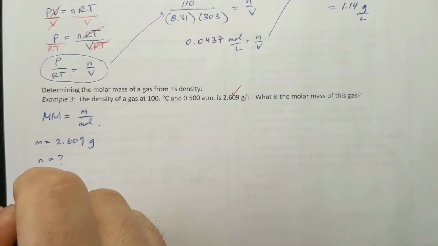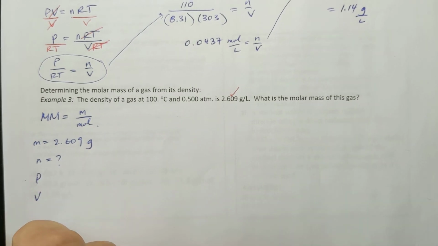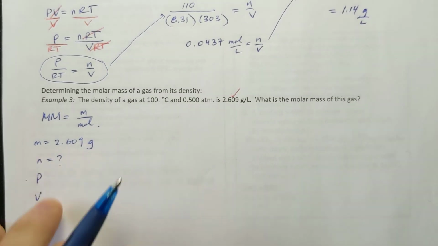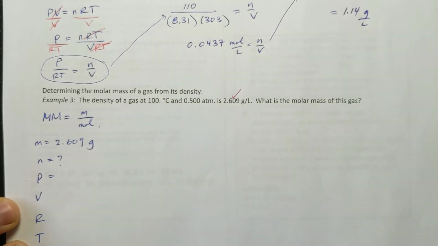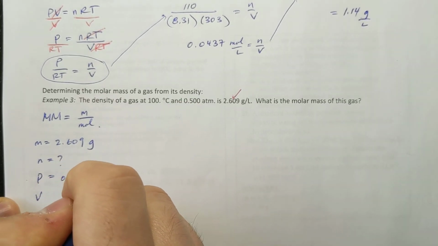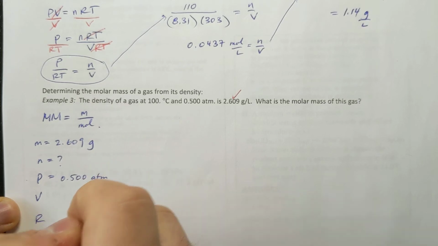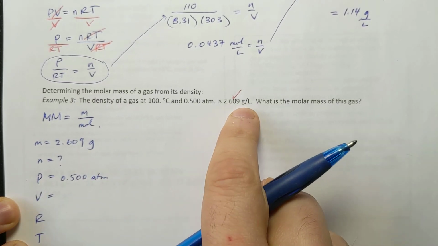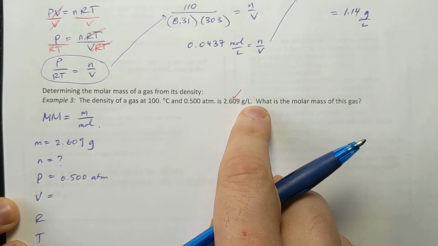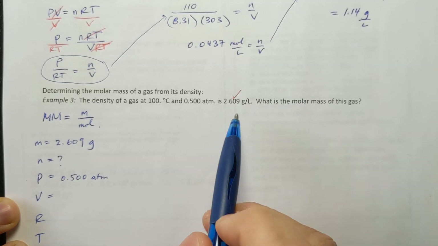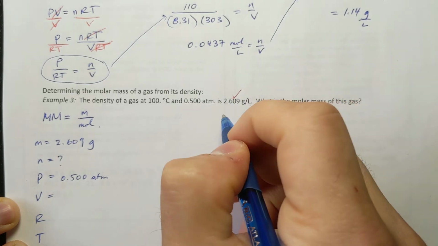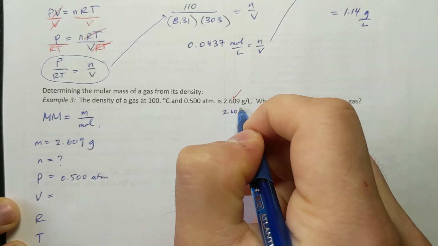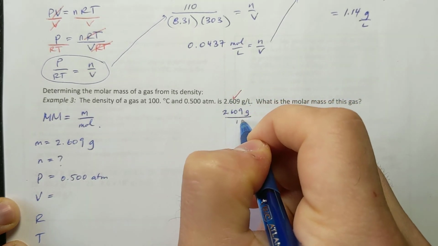So if I go PV equals RT, and I'm not going to write N because I have it already up there. The pressure is 0.5 atmospheres. The volume, well, this was grams per liter, right? So if it's grams per liter, that means grams per every 1 liter. This just means 2.609 grams for every 1 liter.